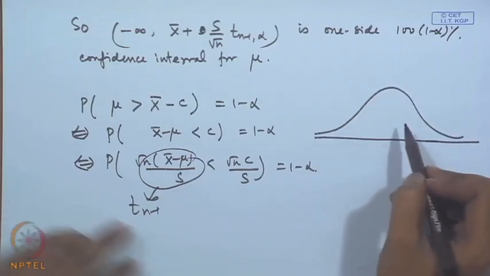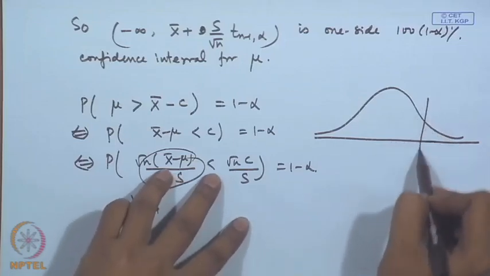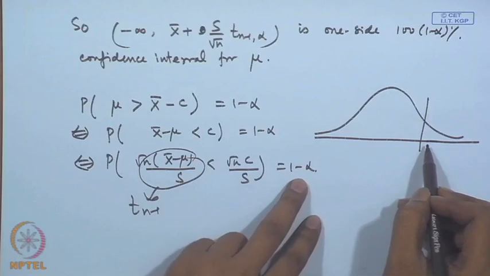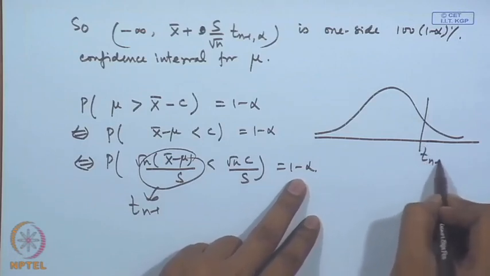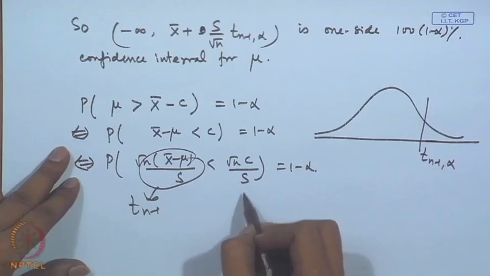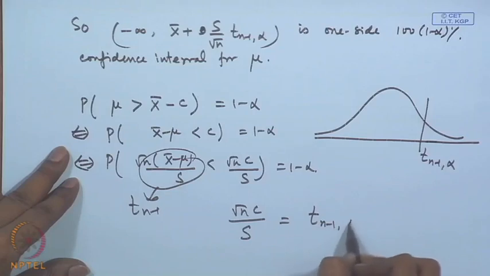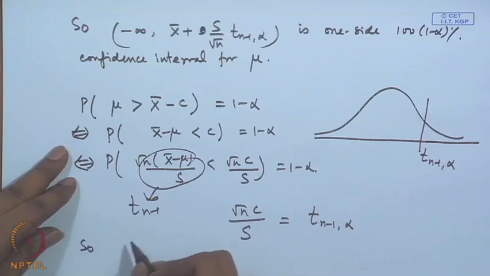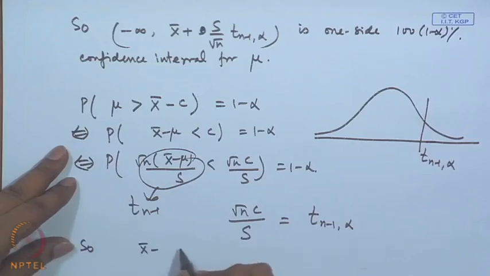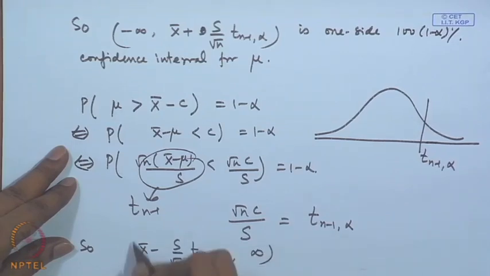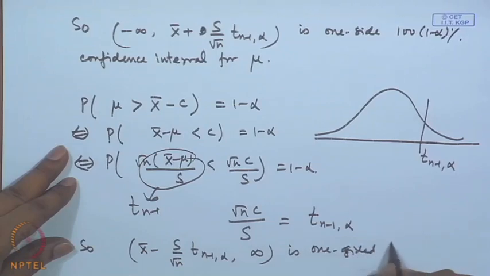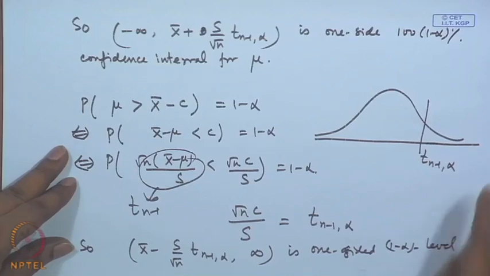So, what we are saying is the probability below a certain point is 1 minus alpha. So, root n c by s can be chosen to be t n minus 1 alpha. So, we are getting x bar minus s by root n t n minus 1 alpha to infinity. This is one sided 1 minus alpha level confidence interval.